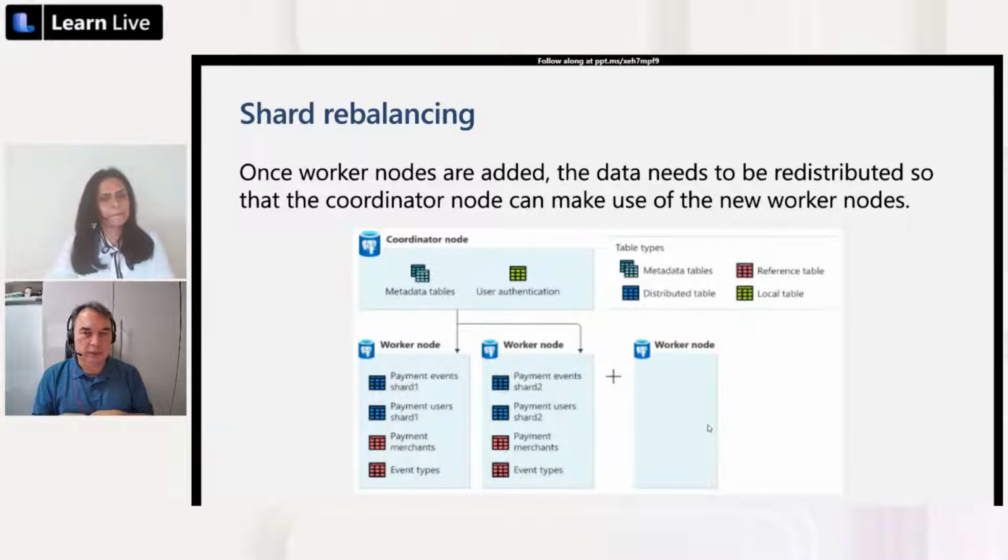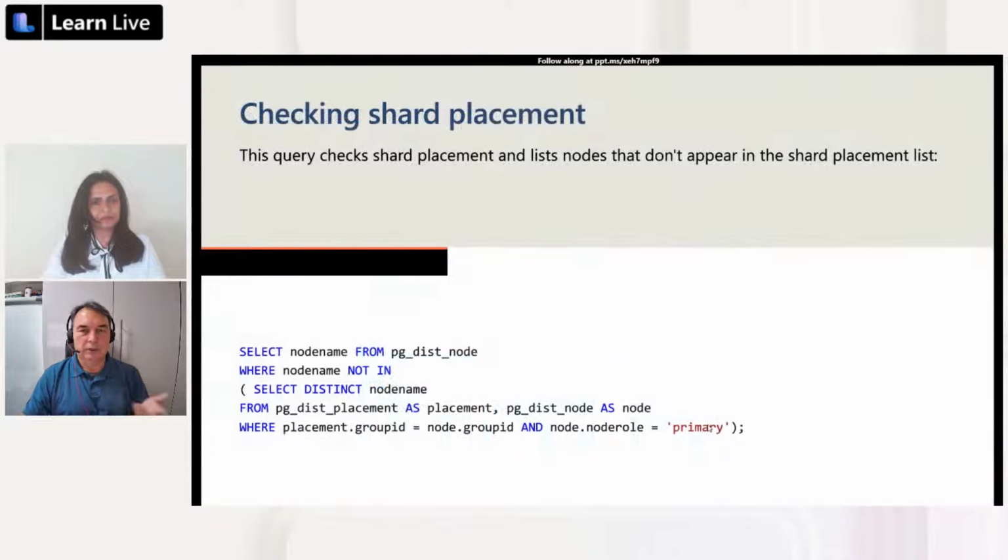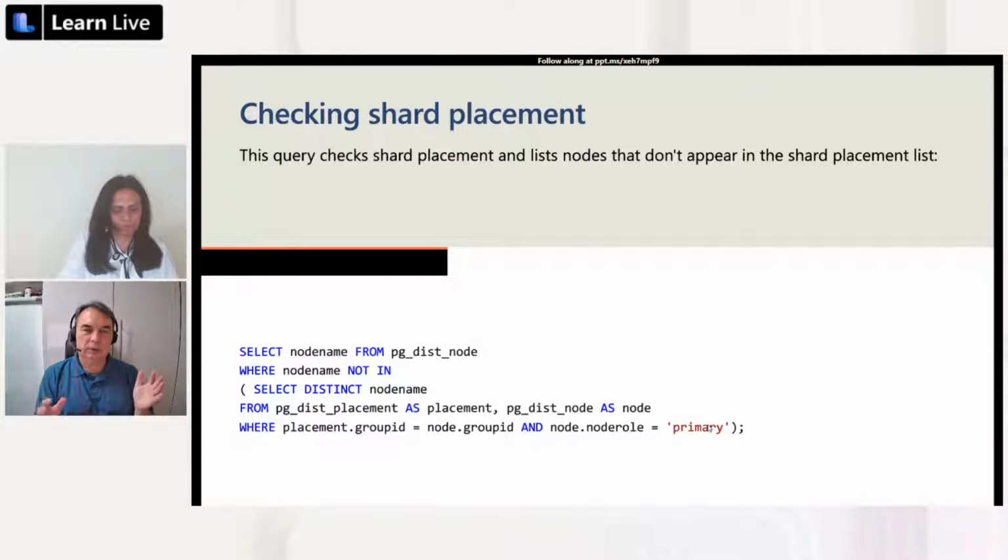There is also a SQL command which can be used to check the distribution of the data. It's shown on the next screen. It's pretty simple. We call it shard placement. By the way, shard is the term that we use for parts of our data that are stored on a certain node. We have one table, we distribute it across 3 nodes.